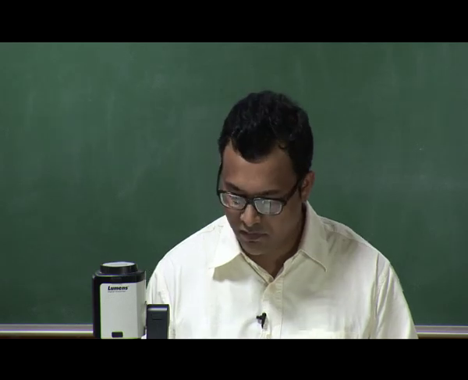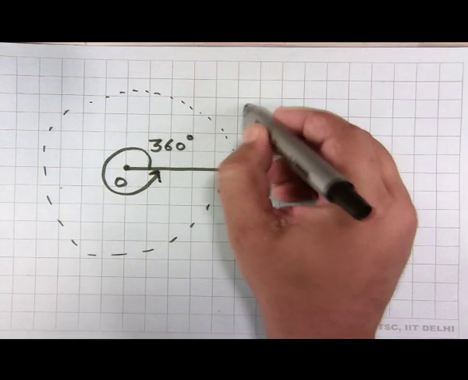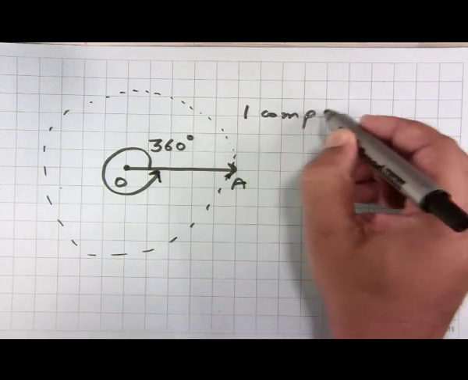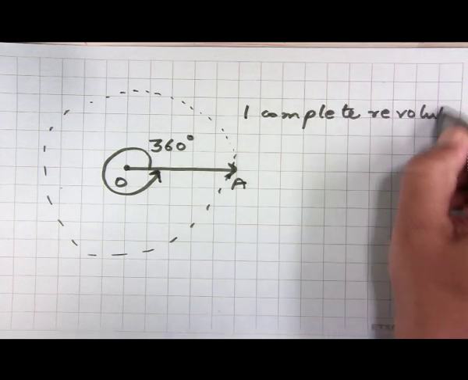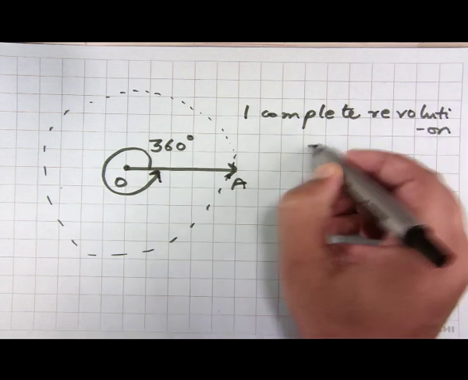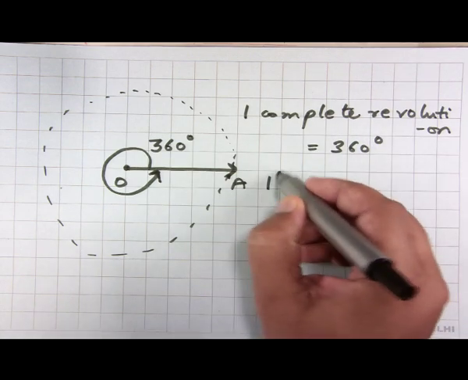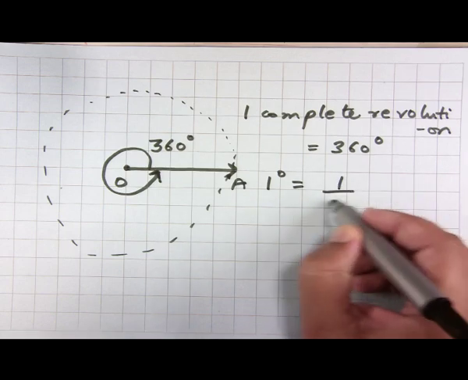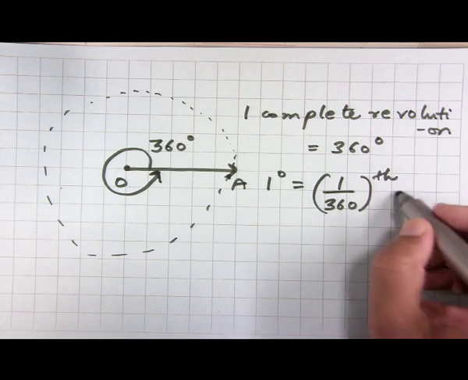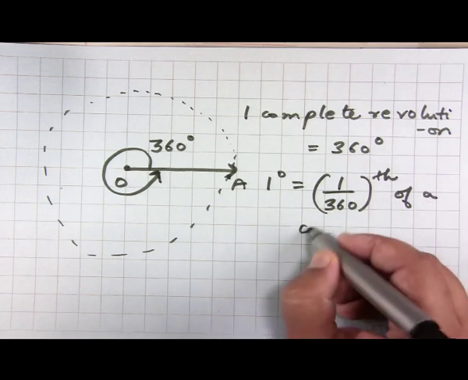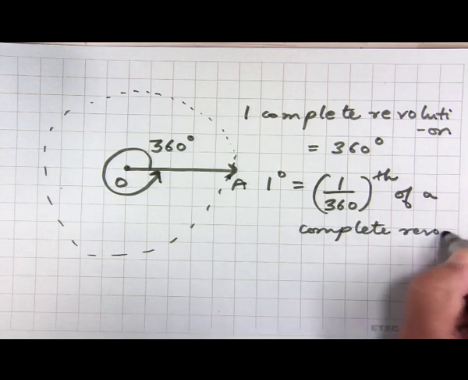So, we will stick to 360, and then of course, one complete revolution is 360 degrees, then 1 degree will be equal to 1 by 360th part of a complete revolution.